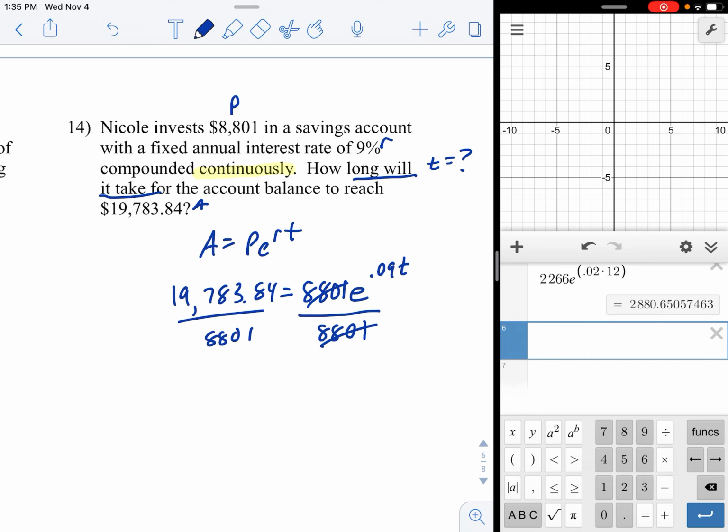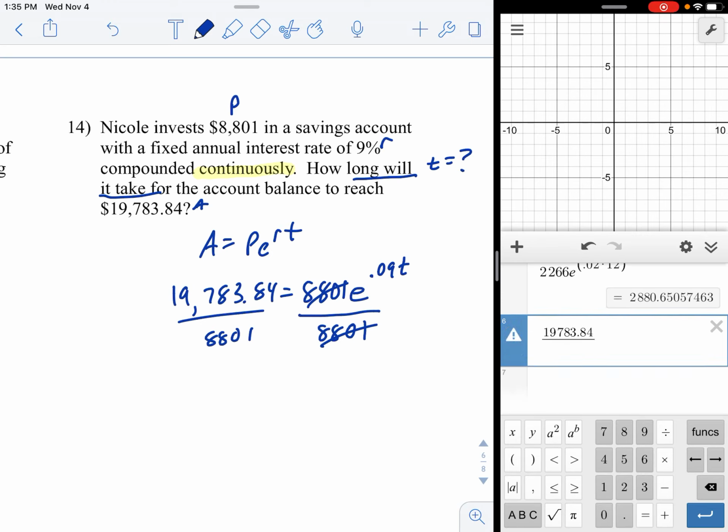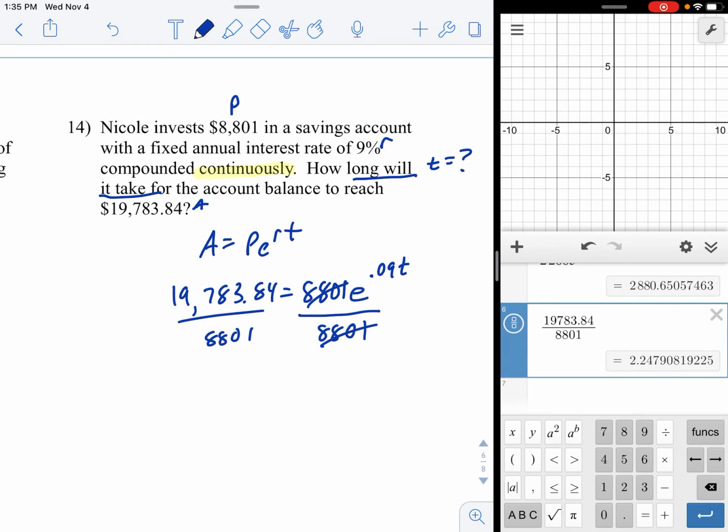And I definitely need a calculator for that. Okay, did I type that in correctly? Good. Divided by 8801, so 2.274. Nope. Wow, I think I might be a little sleepy. I'm doing silly mistakes. There we go, equals e to the 0.09t.